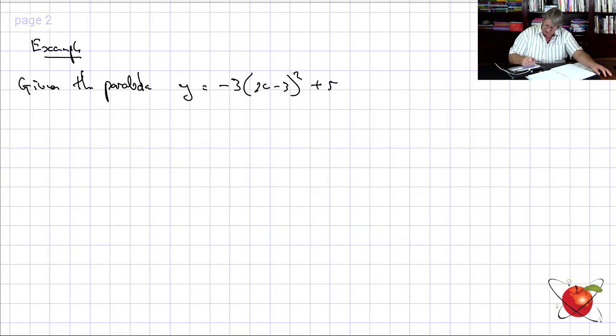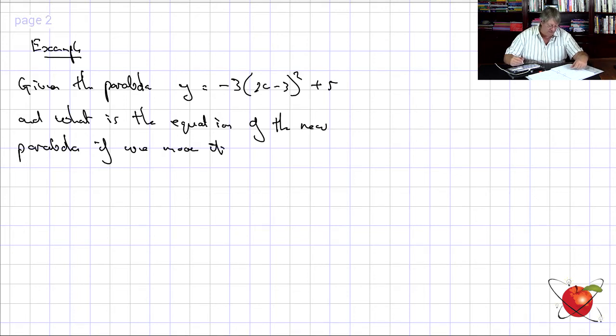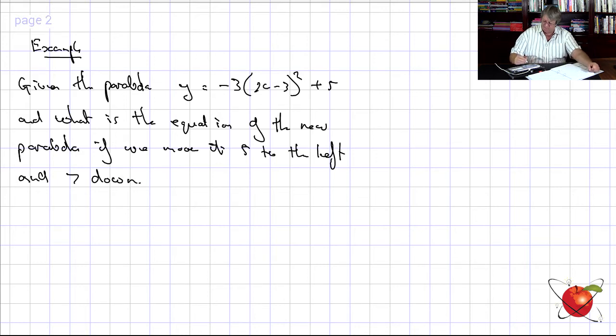That's a parabola, right? And what is the equation of the new parabola if we move it 5 to the left and 7 down?